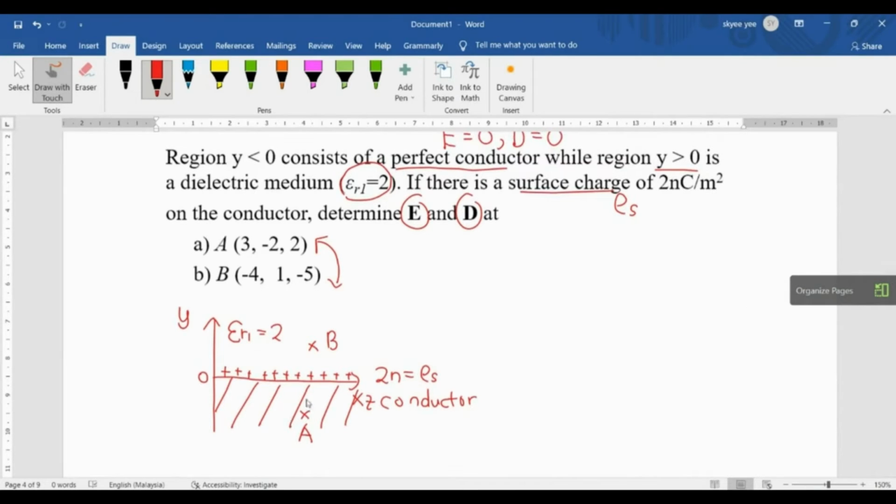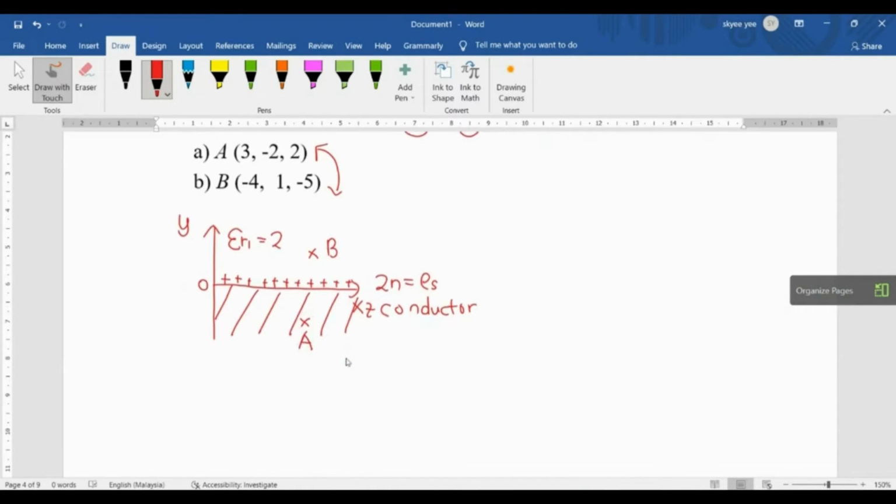A is much more simple, right? For A, this is medium 2, and this one is medium 1. So D2 is equal to 0, as well as E2.